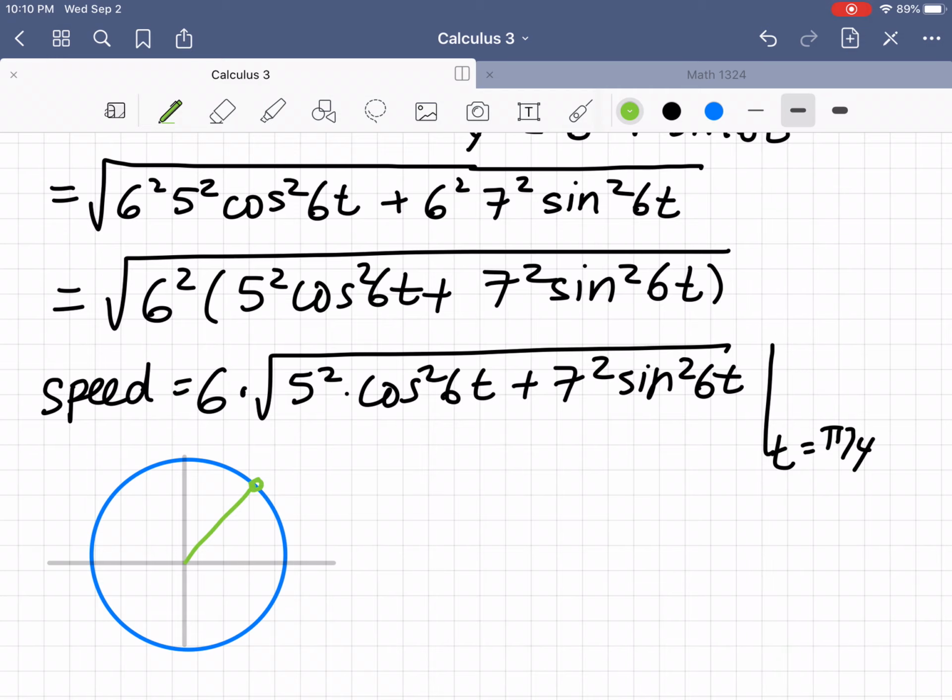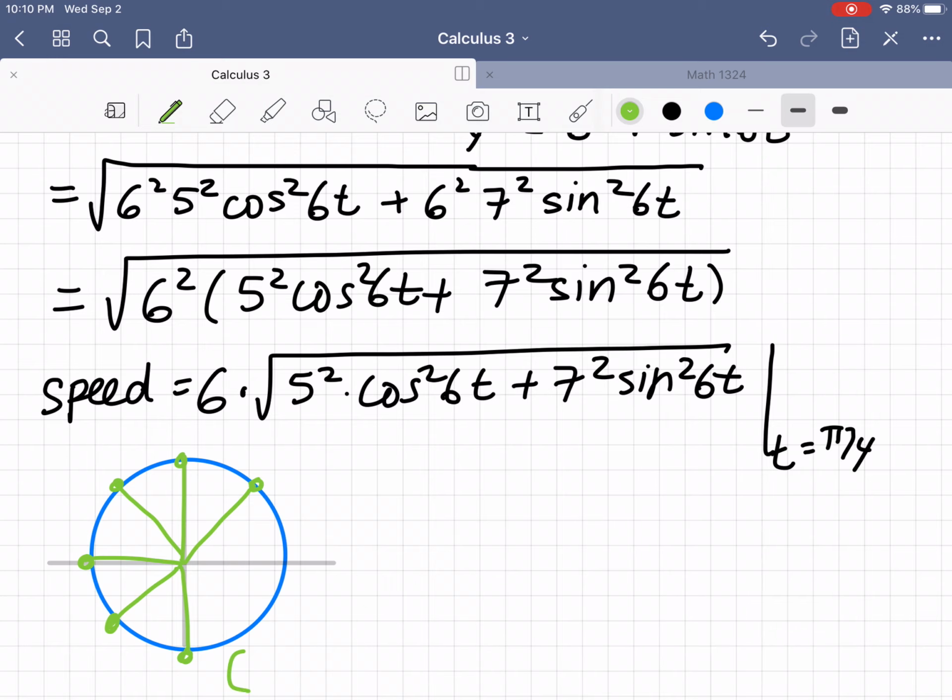So where is 6 pi over 4 going to be? Well, do 6 of these. So this is the first one, 1 pi over 4. That's where 2 pi over 4 is. 3 pi over 4. 4 pi over 4. 5 pi over 4. 6 pi over 4. So the angle 6 pi over 4 is really 3 pi over 2.